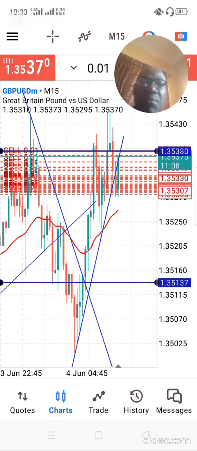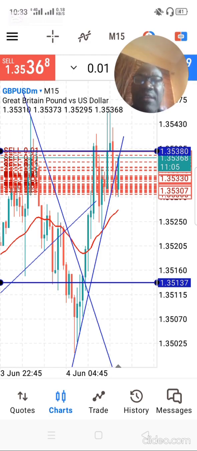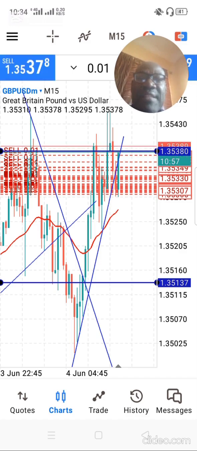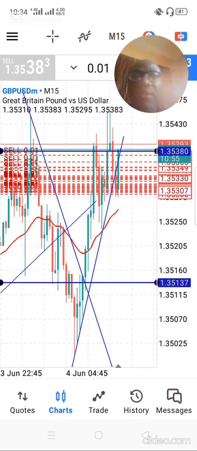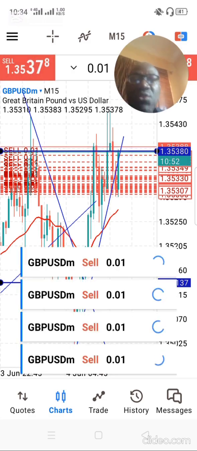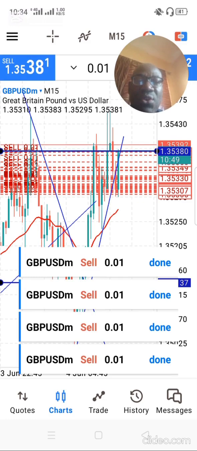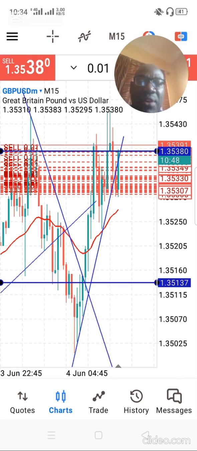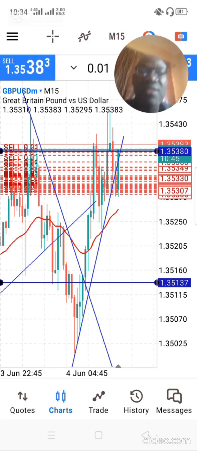Now, what I'm going to do right now, just for doubters, people that doubt, take the time between. Because what I'm going to do now, I'm going to skip and come back to this trade when it's already in profit.